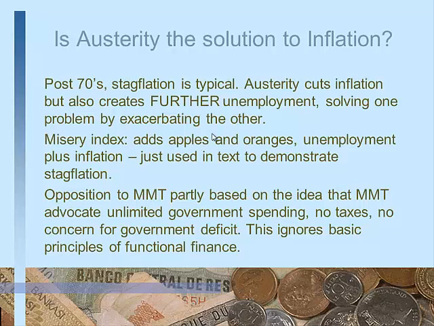So austerity does, basically if you balance budgets, what happens is that money creation is reduced, and that will cut into the availability of money supply. It will also cut into investment. So inflation will be reduced, but it will also cause further unemployment. And so you solve one problem by making the other one worse.